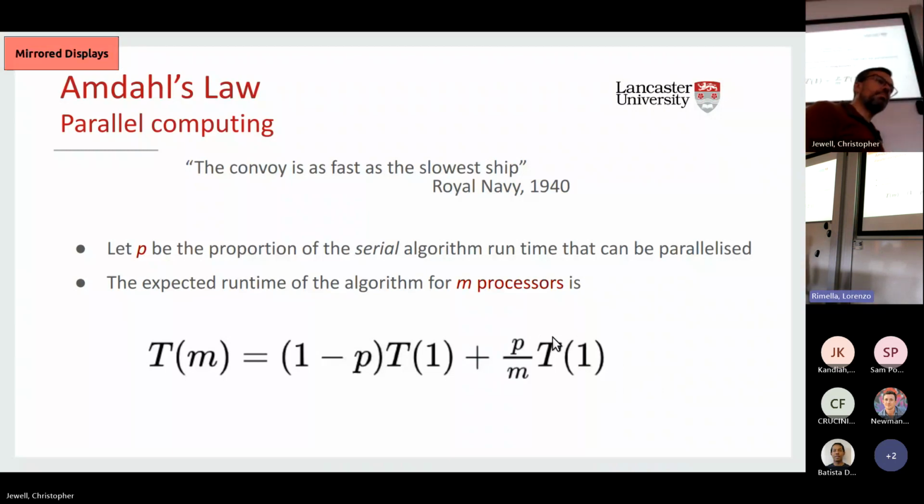So the bit of that algorithm, the P times T1, the bit of that runtime that's parallelizable, should scale as 1 over the number of processors available, right?